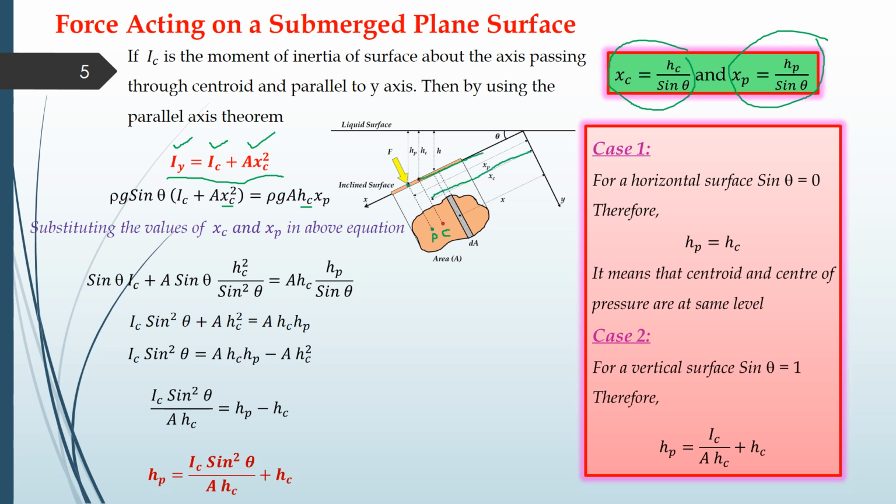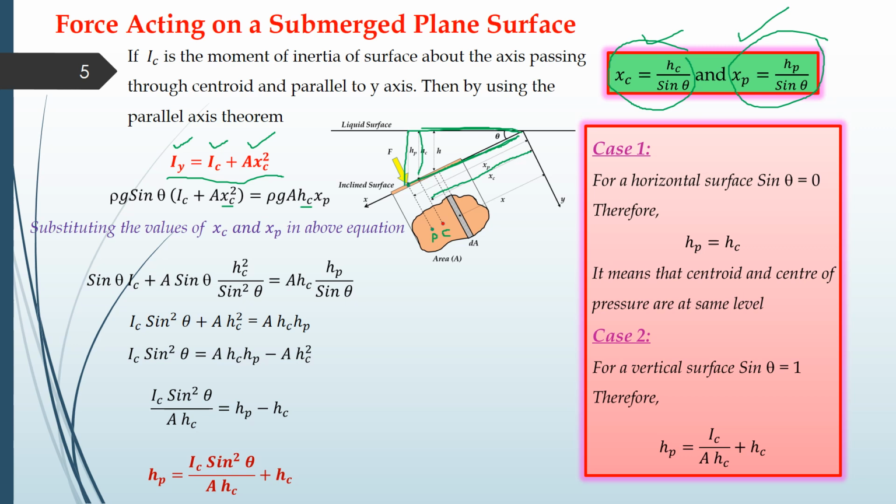Using this triangle, we can find xc, and using this triangle, we can find xp. So we put xc and xp here, substitute these values in the above equation, and after simplifying, we get that hp is equal to Ic sine squared theta by A hc, plus hc.